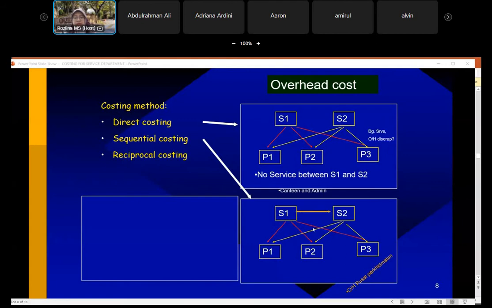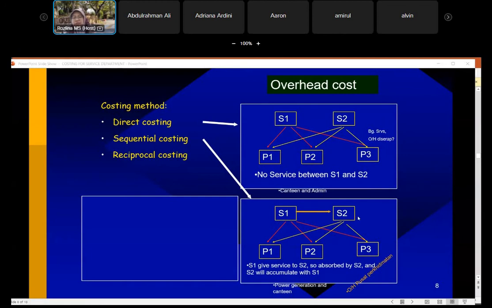But here, S1 also gives the service to S2. Even though both of them are service departments, S1 also gives the service to S2. For example, power generation also gives the service to the canteen.